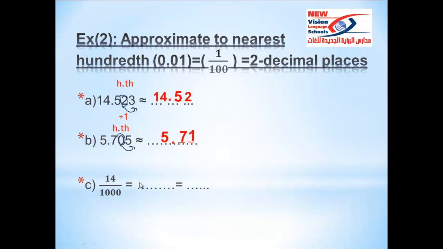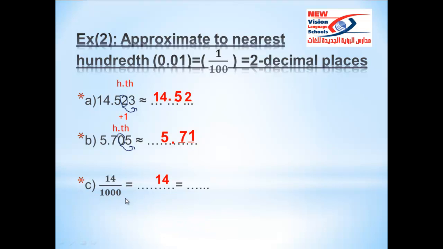Another one. We have here a fraction number. I want to approximate a decimal, not a fraction, so I have to convert the fraction into a decimal. As I told you before, put the numerator down, put 14 down, then count with me the decimal point after 3 digits. Why?